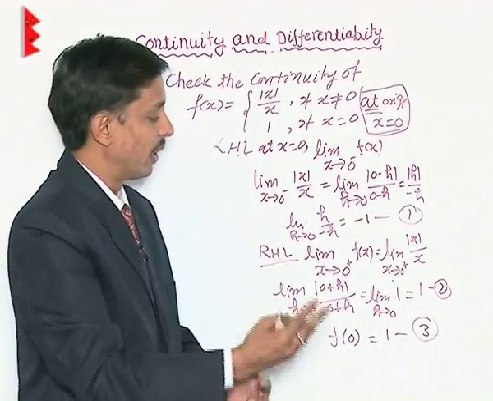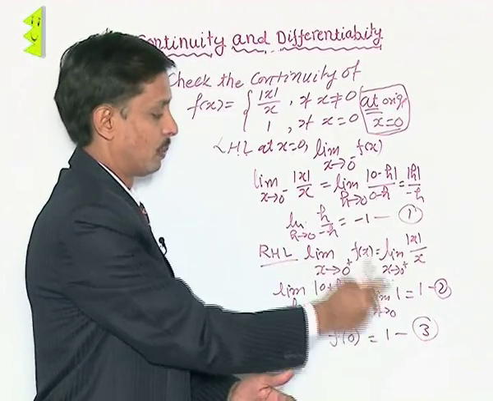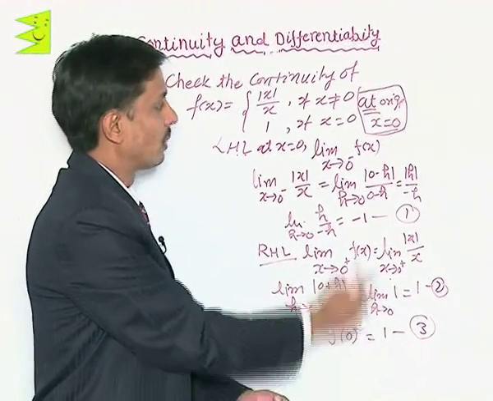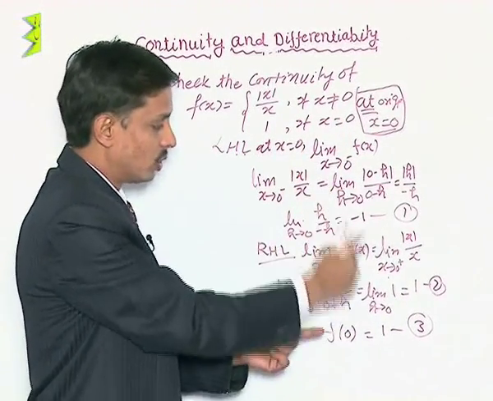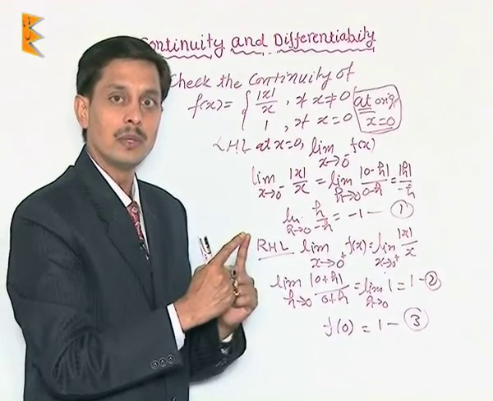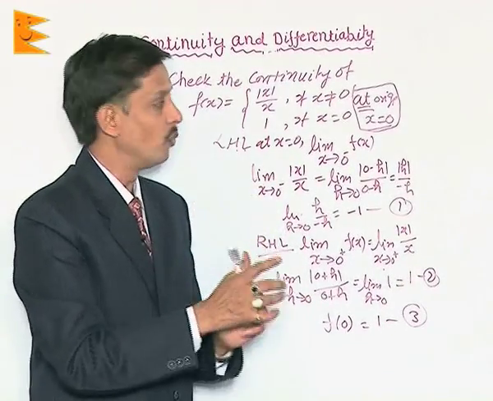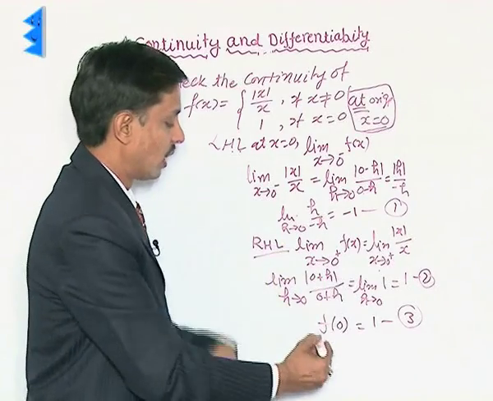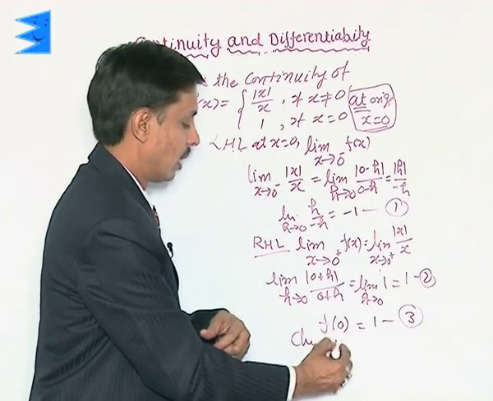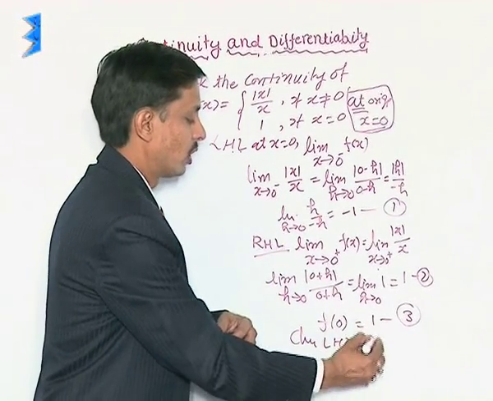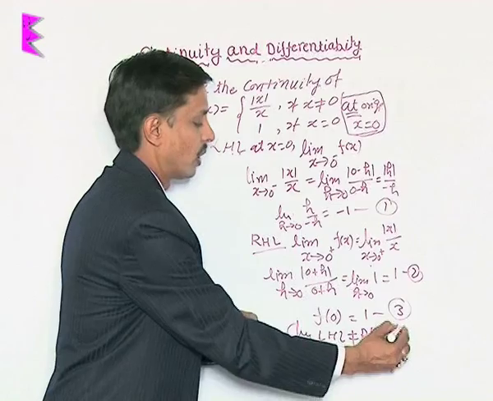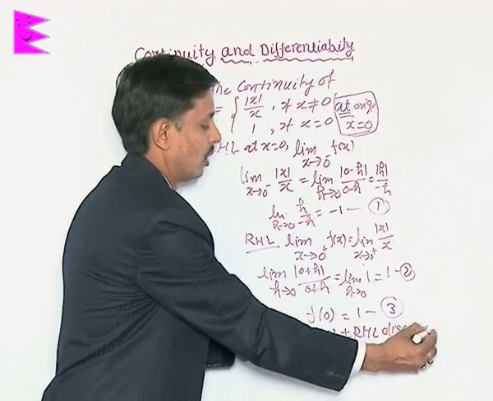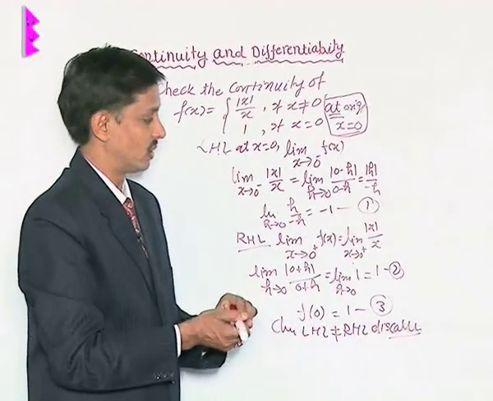I have explained how to obtain the right hand limit, that is +1, and the value of the function at 0 is given as 1. These three values are not equal. If it is not, we say the function is discontinuous. So clearly left hand limit is not equal to right hand limit. So, the function is clearly discontinuous.